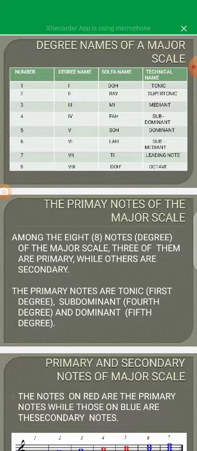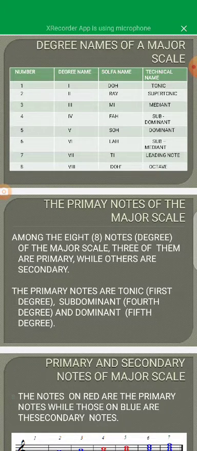But have it at the back of your mind that the do, the tonic, is the same thing as the octave. Okay, let's repeat it. Among the 8 notes of the major scale, 3 of them are primary, while others are secondary.